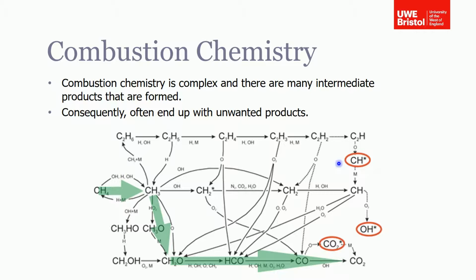I wouldn't expect you to remember this, but I just want to illustrate how complex the chemistry of combustion is. So, given its complexity, it's no wonder that we end up with unwanted products or emissions, and some of them are obviously harmful to our health. I just wanted to show you this to illustrate how complex it is.